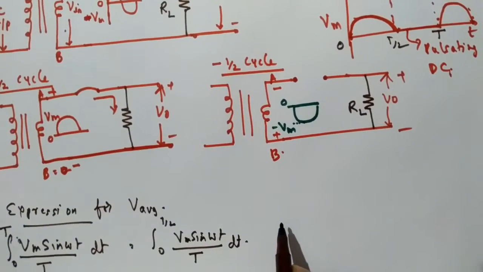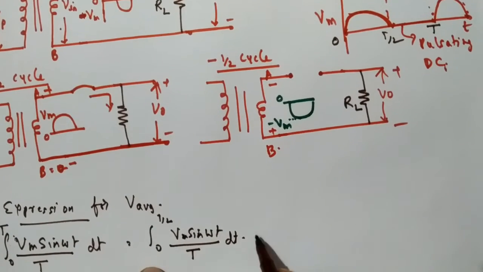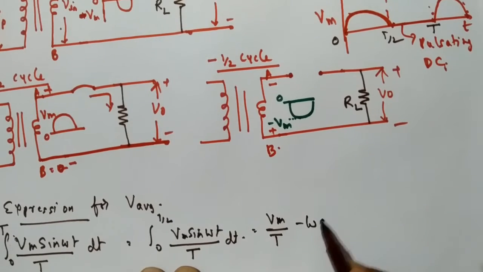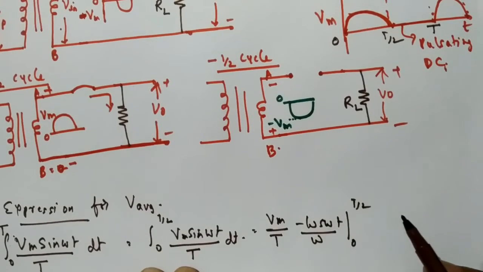This is the expression. Now you integrate. Vm is the peak value, so this will be equal to Vm divided by T into the integration of sin omega t, that is equal to minus cos omega t divided by omega, from 0 to T by 2.